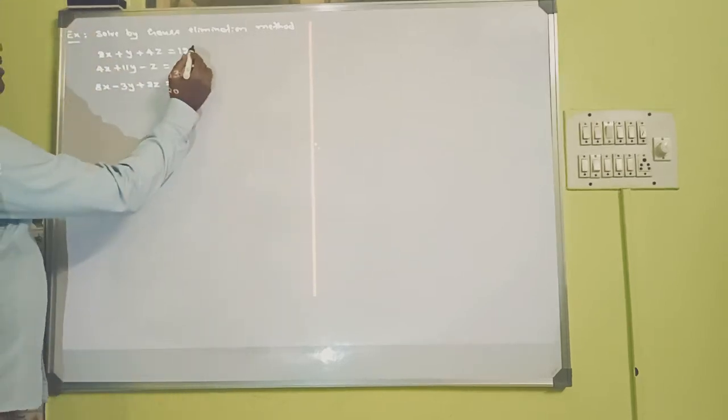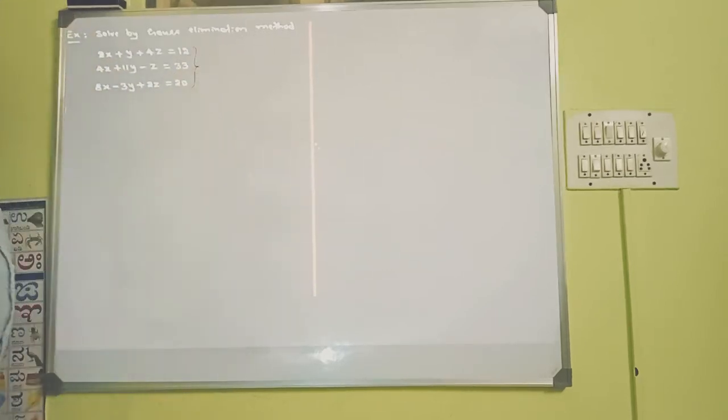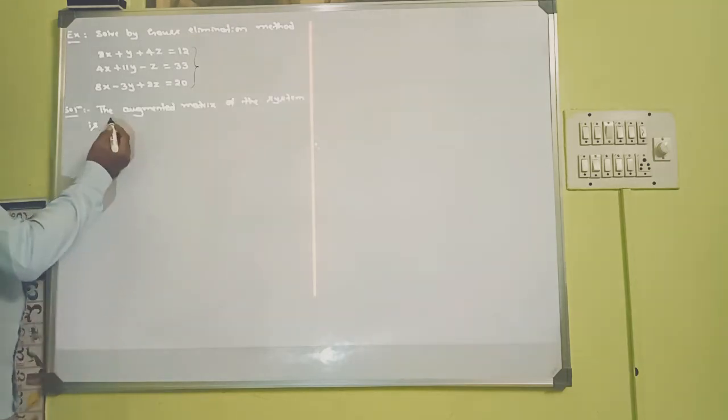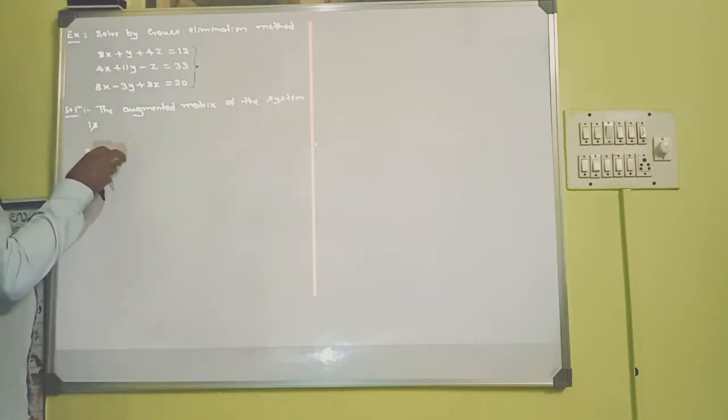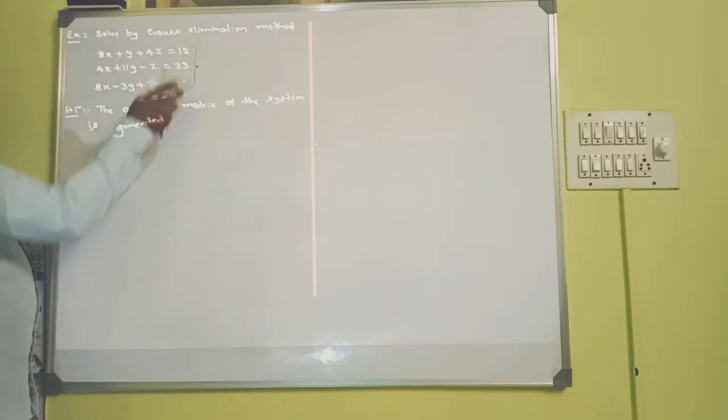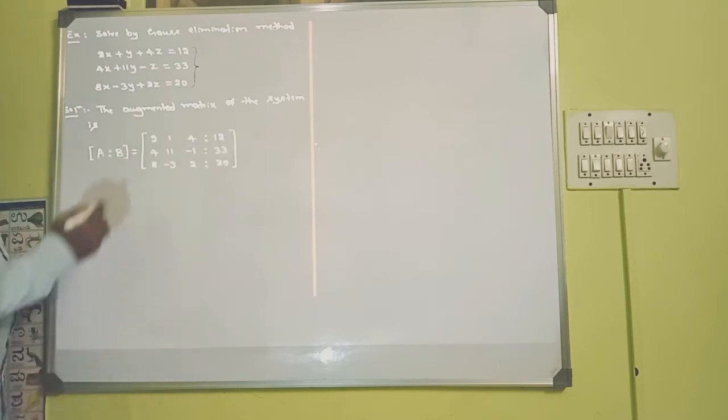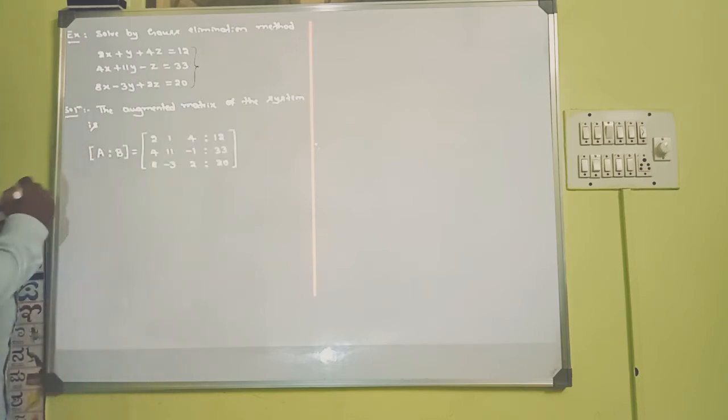So we have three system of equations. First step is write down the augmented matrix. That is, we collect the coefficient matrix and write the constant matrix. So what is A|B? A|B is this matrix.